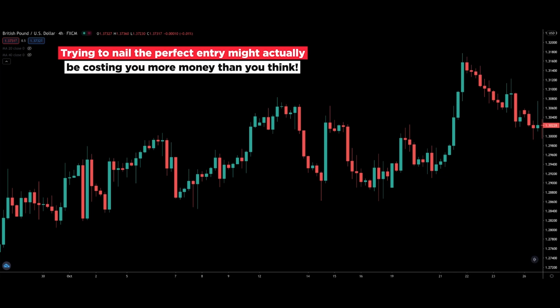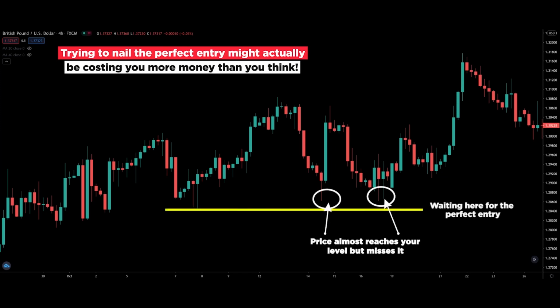So over here, suppose that you were waiting for the perfect entry around here, and price almost reached the level and misses your level. And because you were taught to be patient and wait at your level, you wait. Well, price takes off without you, and lo and behold, the trade just had to be a big winner and you caught nothing.